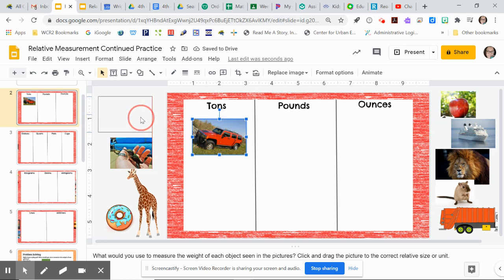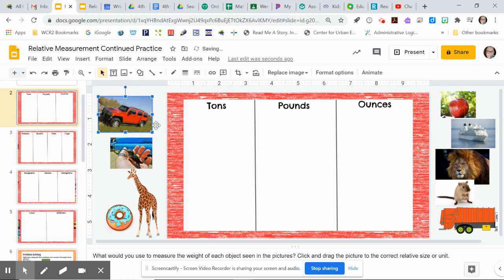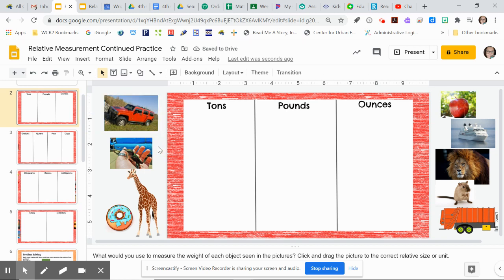Remember to use those relative measurement anchor charts that I linked on the Explore slide. Make sure you're using those as a reference guide to know what is a ton, what is a pound, and what is an ounce, if you aren't familiar yet.